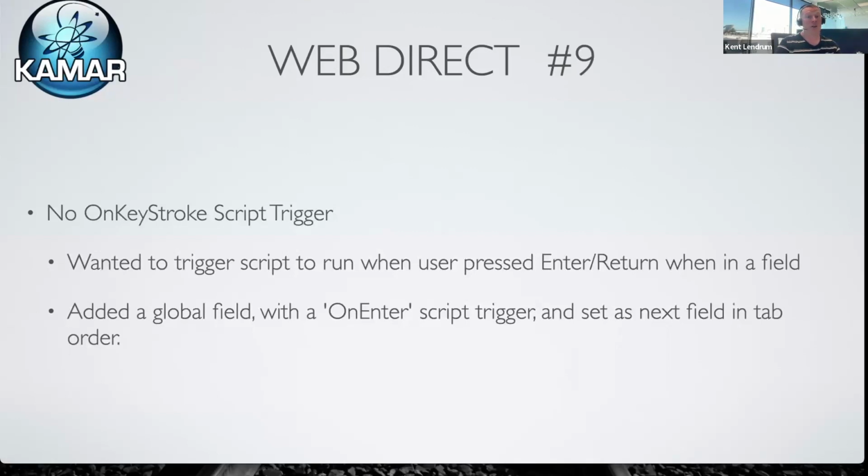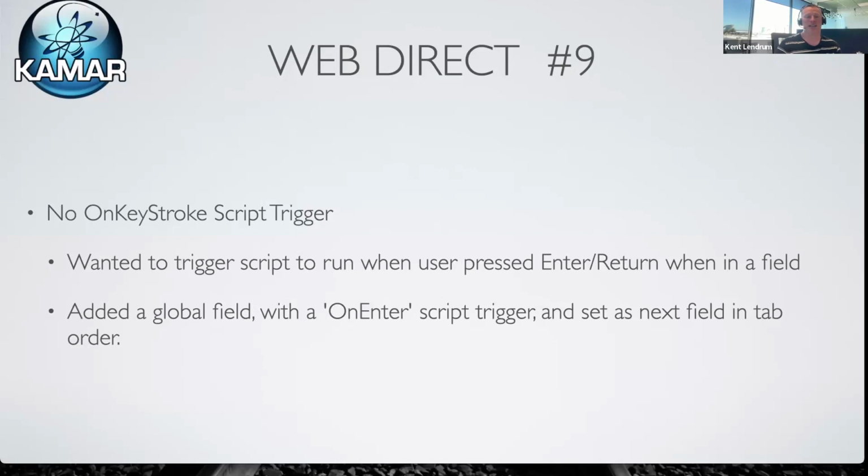There's no on keystroke script trigger. When we look at our usage of this, most of the time we're looking for the user pressing escape because they're on a card window and we want to hide it, or pressing enter or return because they want to action something. For example, on that logon screen you saw me use in WebDirect, we can detect the pressing of enter.